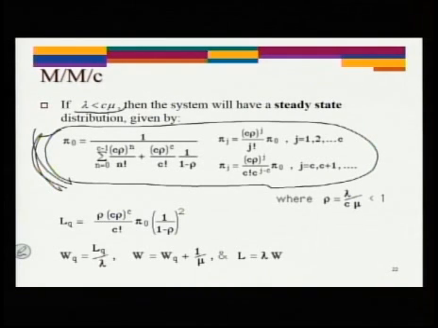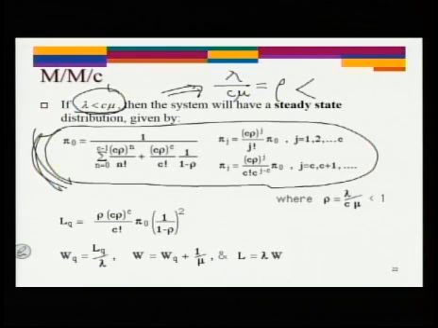Again, we define lambda over C mu as rho, and rho is what we call the traffic intensity of this queuing system, the M/M/C system. By assuming lambda is less than C mu, we can say that rho is less than 1, which is down here.